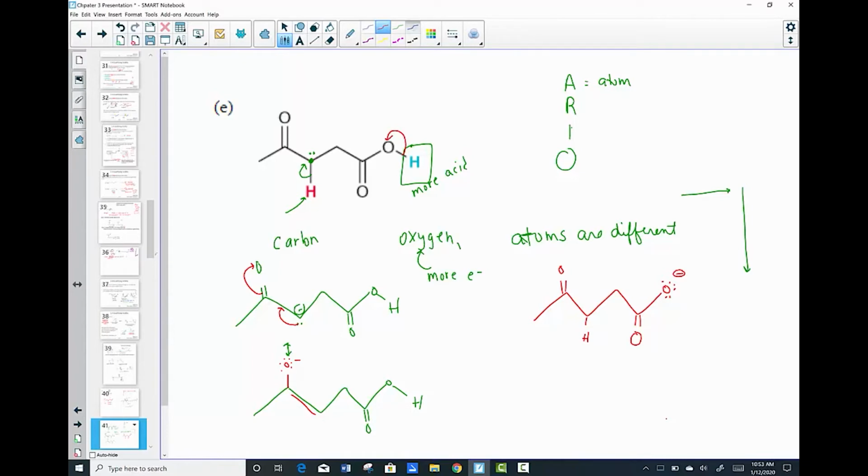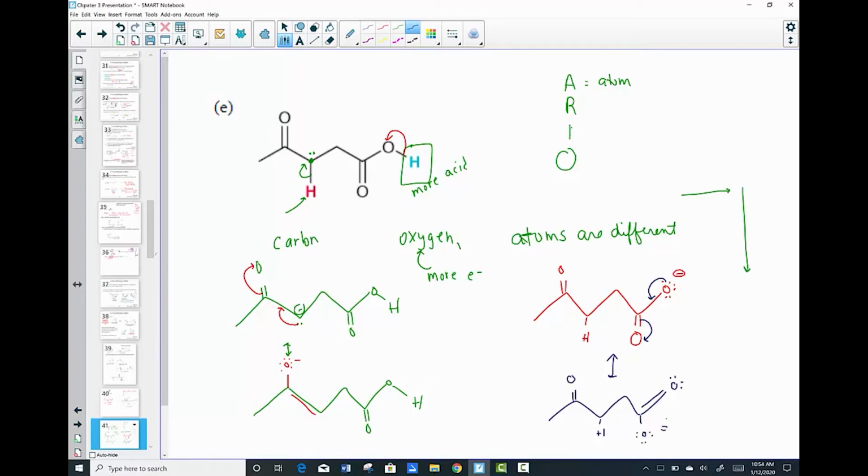And so, does this have the ability to be resonance stabilized? And the answer is yes, because the set of lone electrons can form a pi bond there, forcing this pi bond onto the oxygen. And so, that hydrogen's still there. The oxygen now has 2 dots here, and we have a double bond. This double bond that was present heading down in that carboxylic acid group now has a negative charge here.